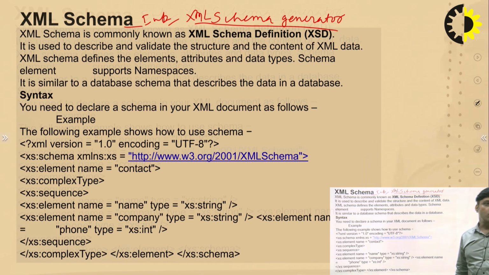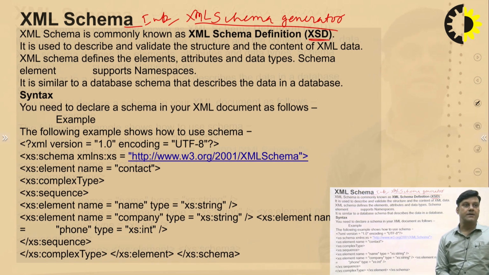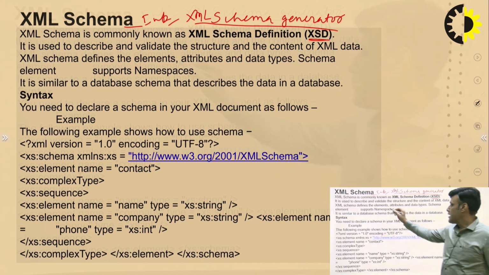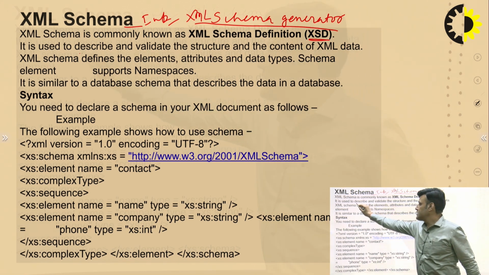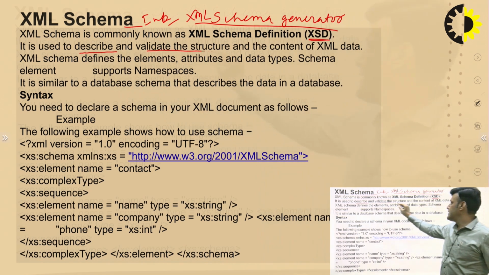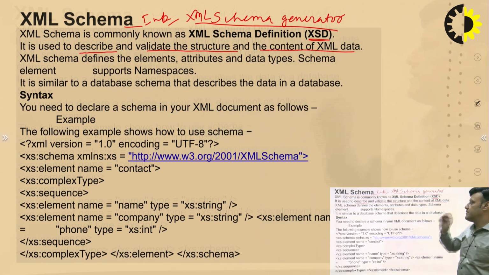Generally that schema file is saved with the extension .xsd, XML schema definition. What is the purpose of this schema? It is used to describe and validate the structure and the content of XML data.